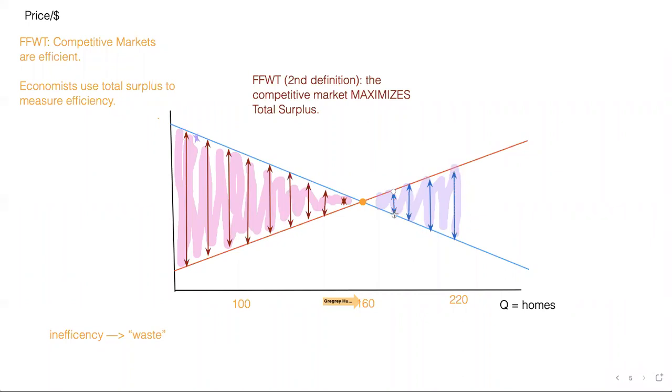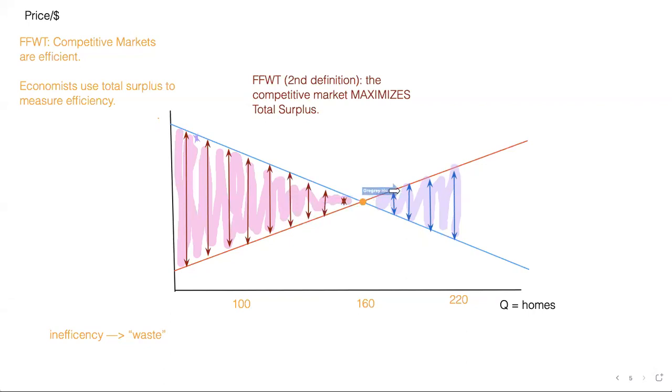So we wouldn't want to pay very much for another house. Remember, the height of the demand curve, which I'm pointing to here, measures the willingness to pay of the consumer that buys the unit. So here you can see the willingness to pay on the right side is less than the cost, which is measured by the height of the supply curve. Does that make sense?